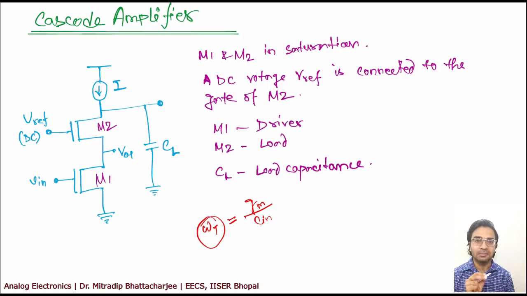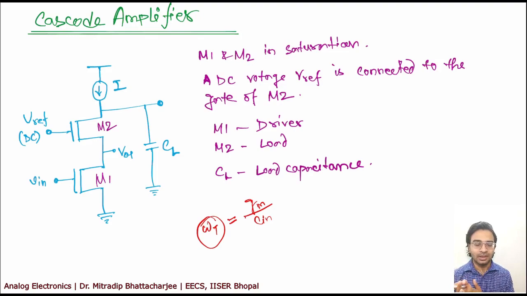Now this gain bandwidth product is always constant. What does that mean? That essentially means if you increase your gain, you probably will lose your bandwidth, or if you increase your bandwidth, you are going to lose the gain. So if any of them associated with the circuit is increased, then you are going to compromise on the other side.